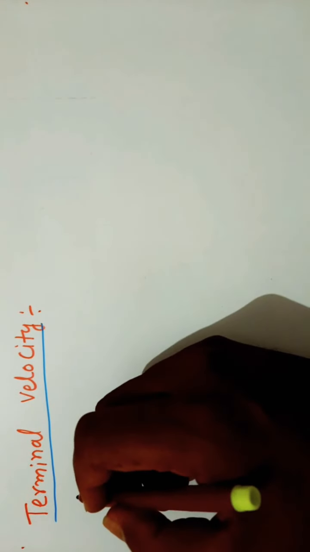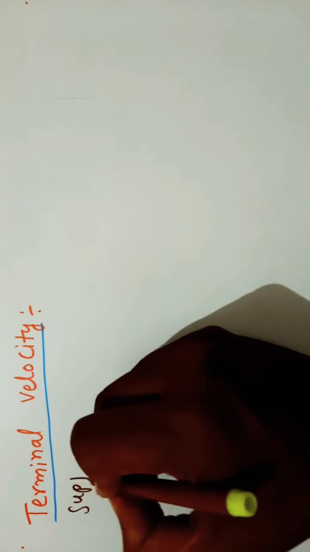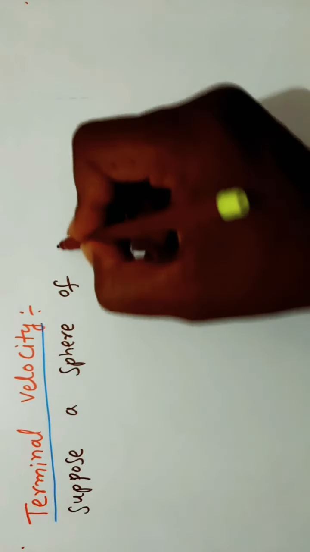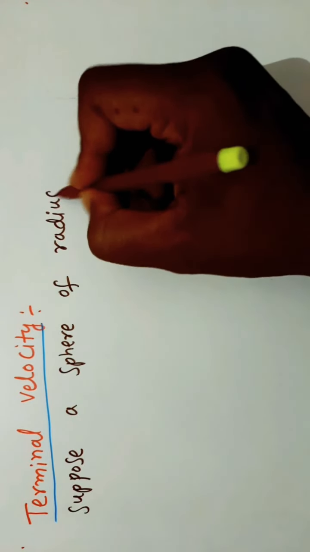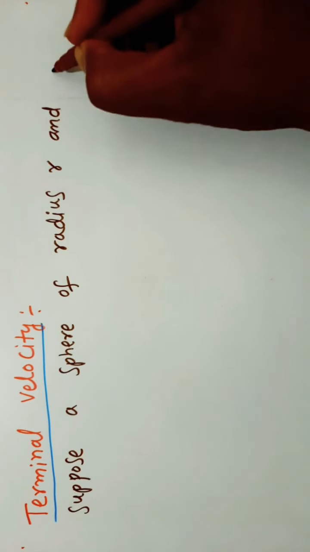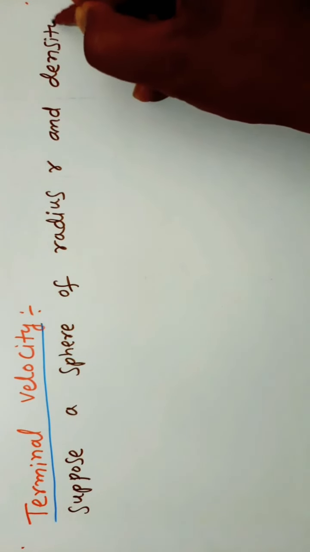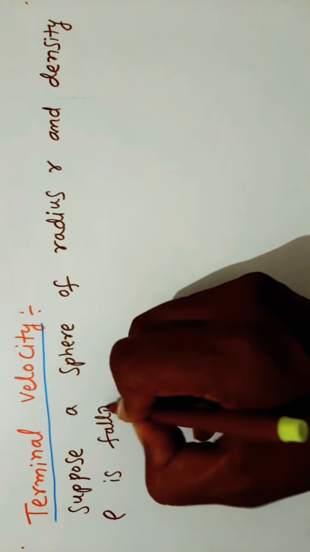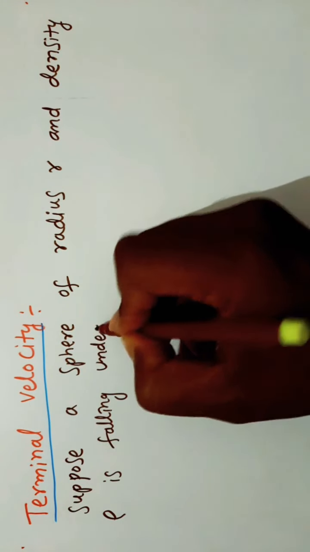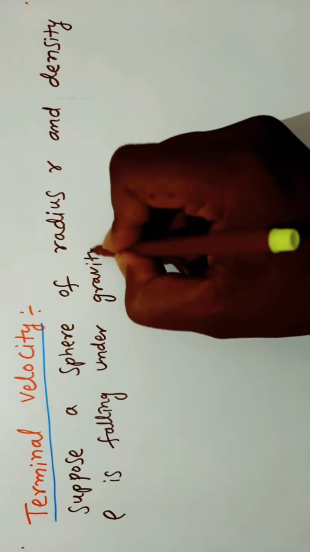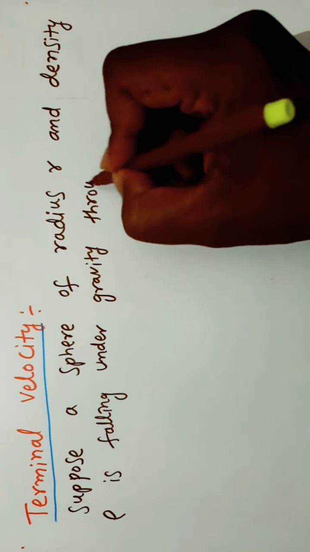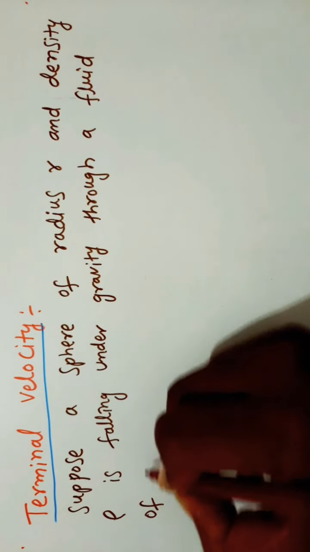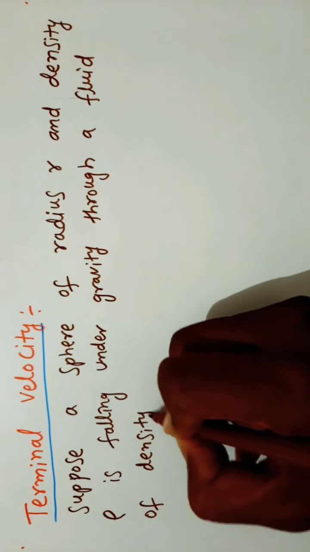Suppose a sphere of radius r and density rho is falling under gravity through a fluid of density sigma.